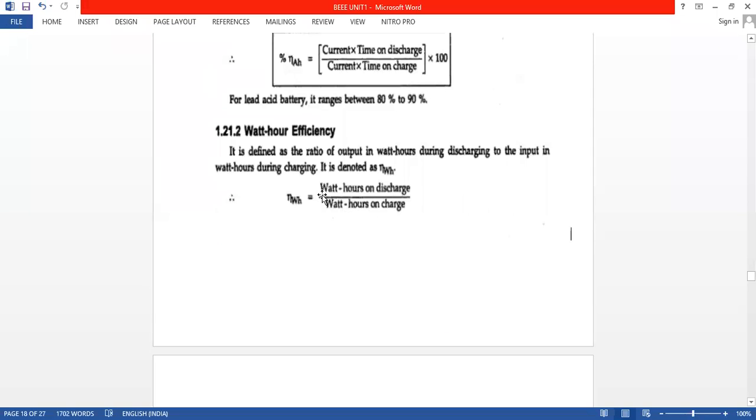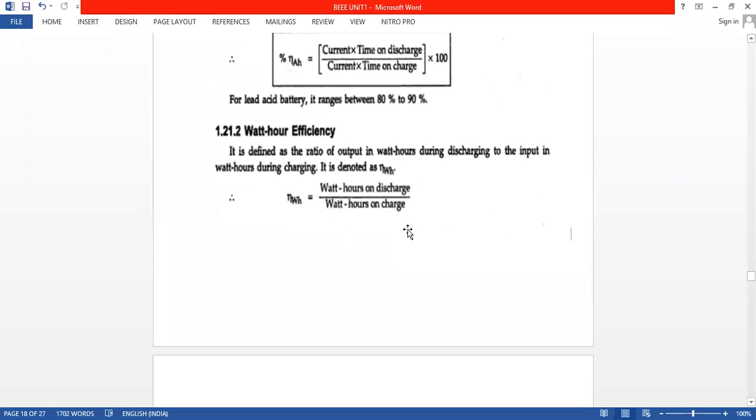Watt means power, hours means time, so power into time is energy. Watt hour efficiency is equal to watt hours on discharge by watt hours on charge. You can ask, sir, why everywhere are we writing discharge and charge? Because a battery always charges and after a certain period of time it releases the energy. Releasing the energy is called discharge.